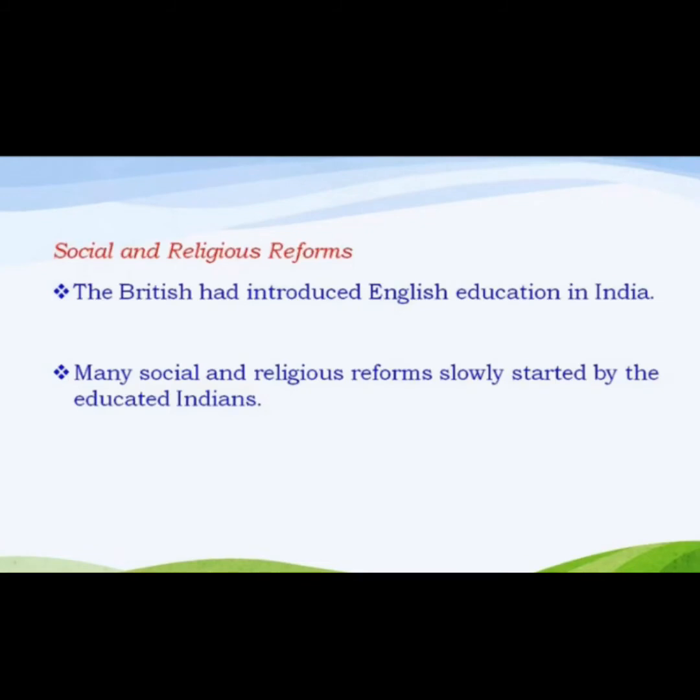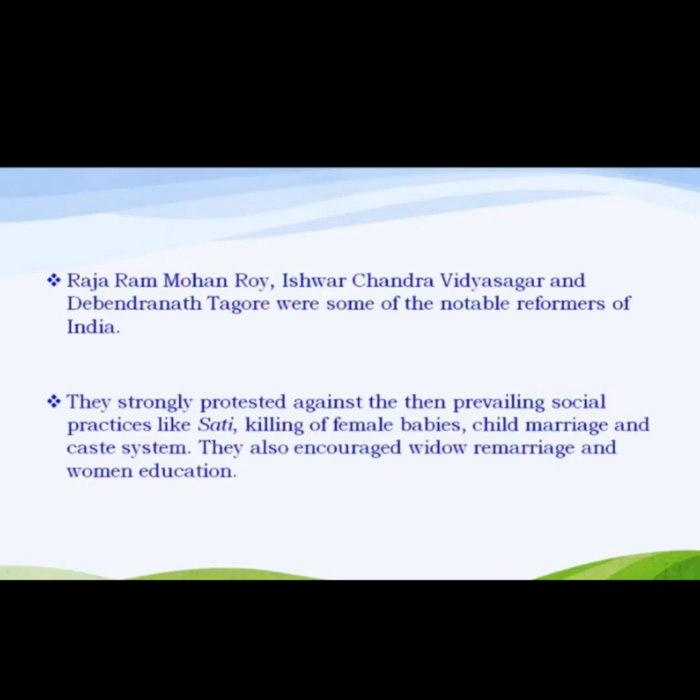Social and religious reformers. The British had introduced English education in India. Many social and religious reforms slowly started by the educated Indians. Raja Ram Mohan Roy, Ishwar Chandra Vidyasagar, and Debendranath Tagore were some of the notable reformers of India who were active during this period.